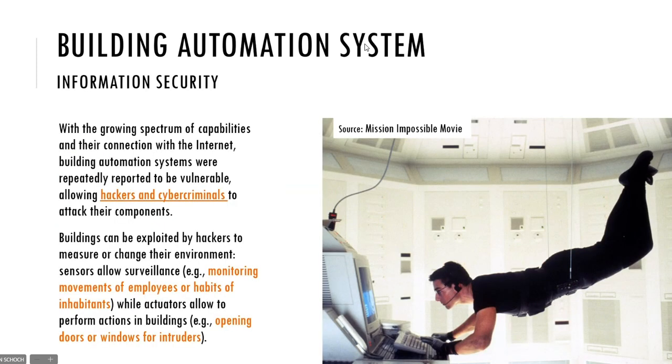And information security, as I mentioned, is an important part. Usually, not just anyone should have access to the BAC system, and by that, it's quite important that these systems run independently, that they do not have vulnerable points such as internet access.